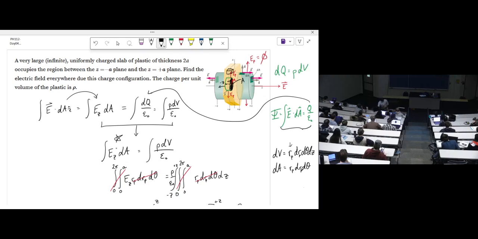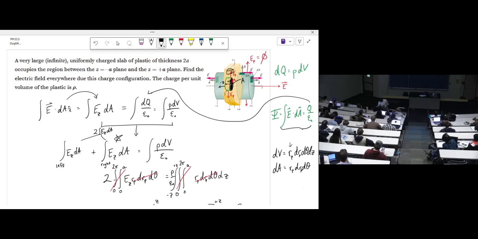Or I could have done it over, let's call this the integral of the right-hand side, plus I'd have the exact same thing where I'd have the integral over the left-hand side of E_z dA. But dA is going to be the same, so since they're the same, that's the same as taking the integral twice.